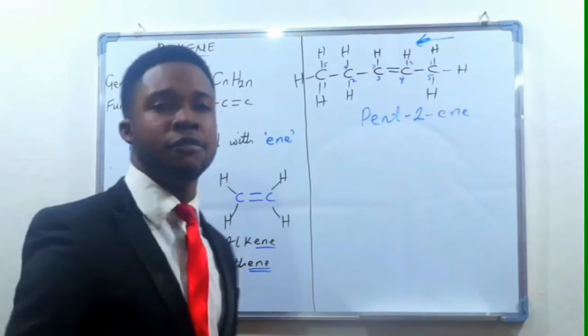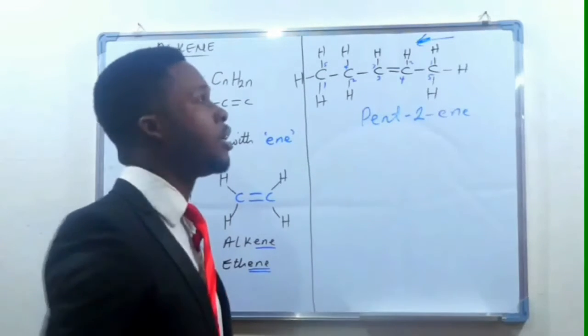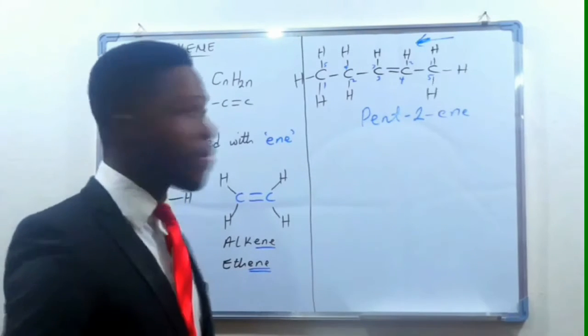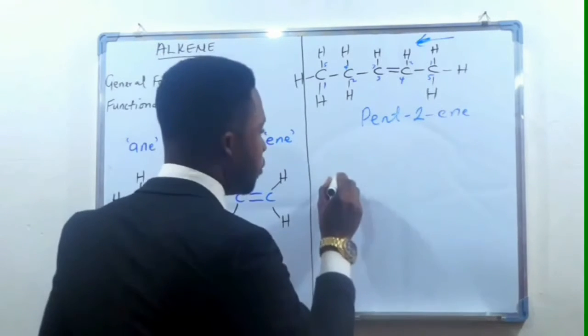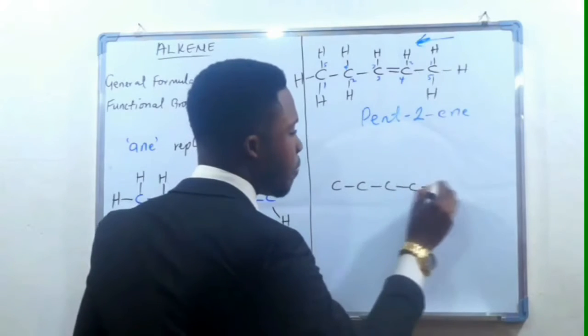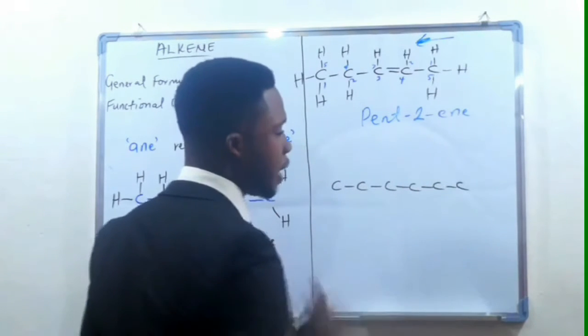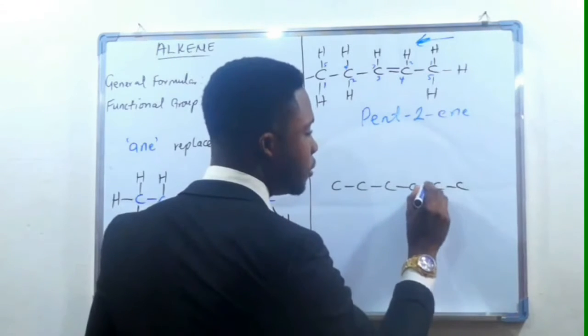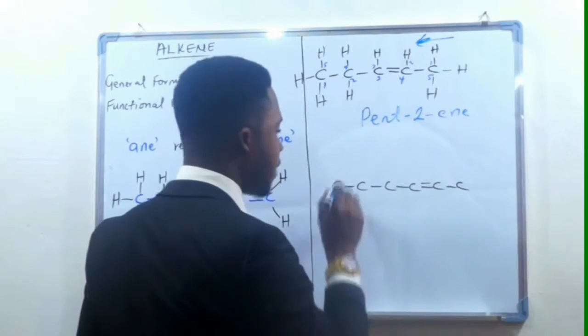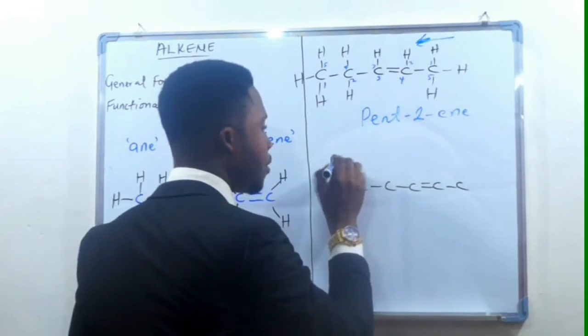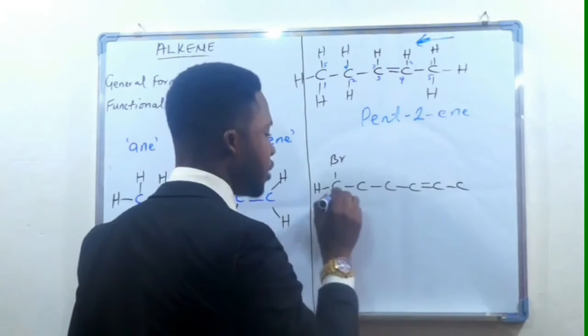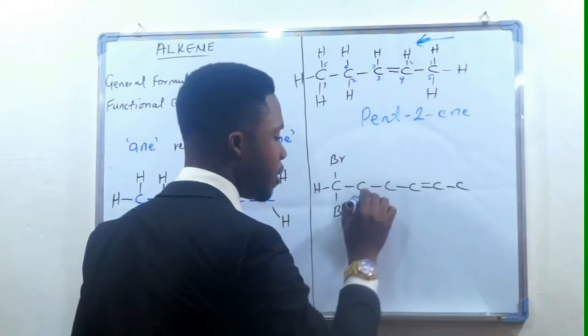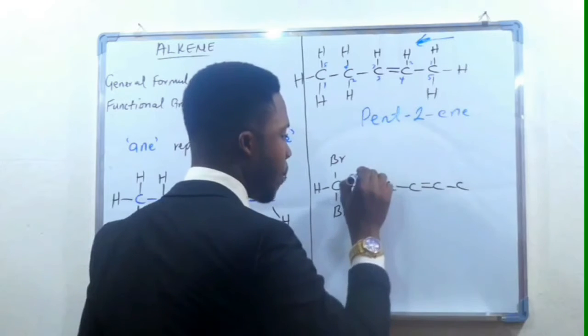We can also have substituents attached to the carbon chain. For example, if this is a compound, a 6-carbon alkene and we have a double bond here, and then we have some substituents attached here.